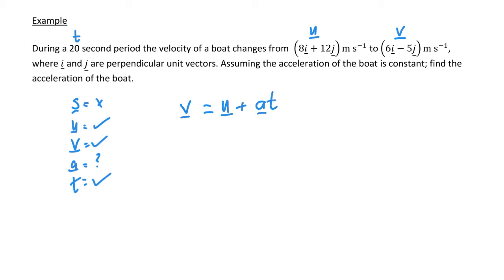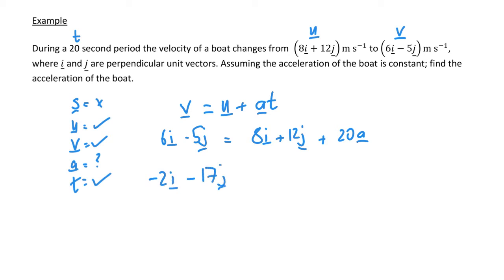Substituting in the known values, we get 6i minus 5j equals 8i plus 12j plus 20a. If we collect the i's and j's to one side, we'll have minus 2i minus 17j equals 20a. So then a, dividing through by 20, is (minus 2i minus 17j) over 20 meters per second squared.